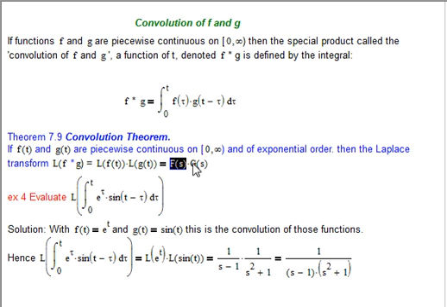So in other words, it's F of s times G of s. That's going to be handiest, I think, when we want to use an inverse transform. But let's go ahead and have a look at this. We'll do a couple problems, some backwards and some forwards.